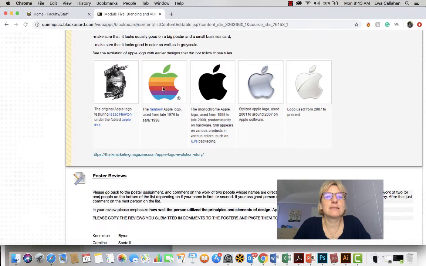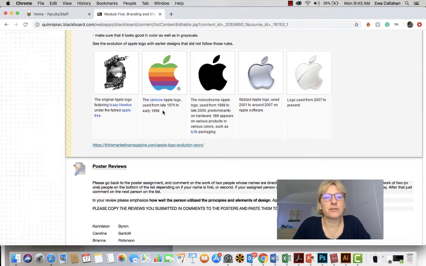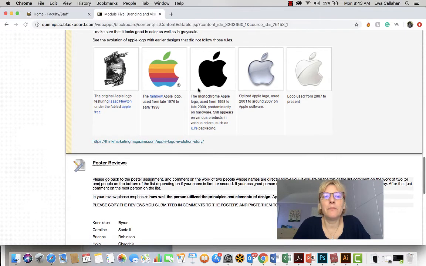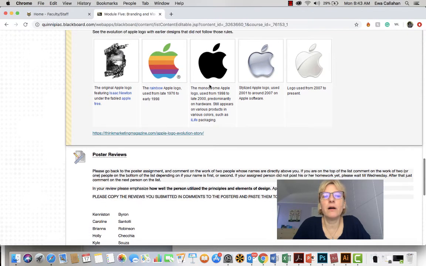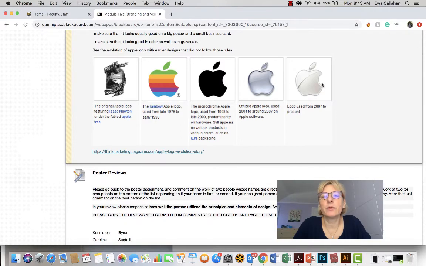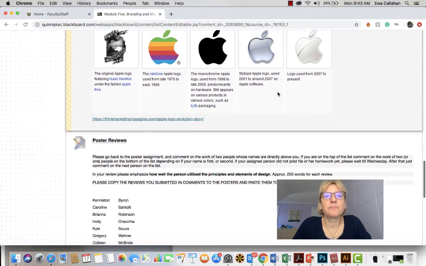This one is the rainbow logo. If you put it in black and white, it looks like striped pajamas and doesn't look that good. Then there is the monochrome Apple logo, more stylized, and it's a logo which we all remember.